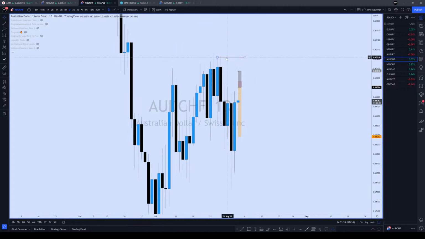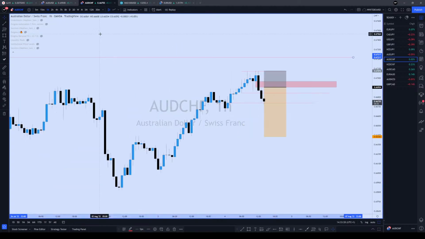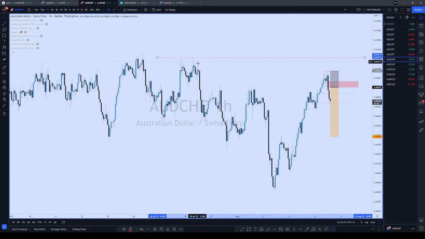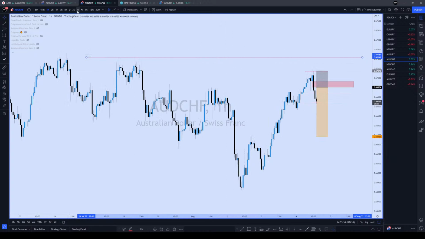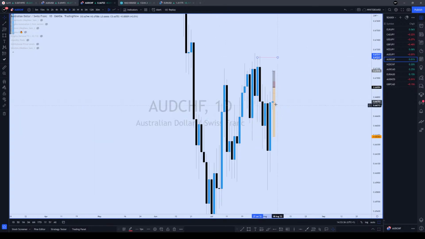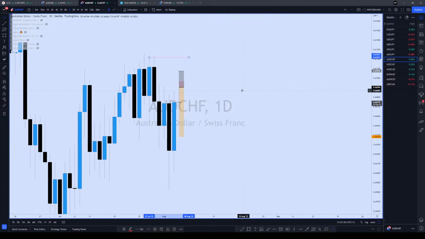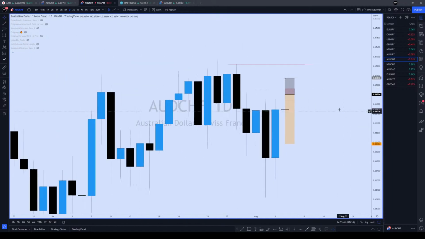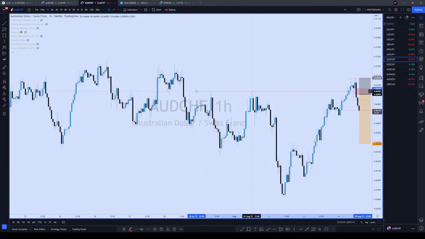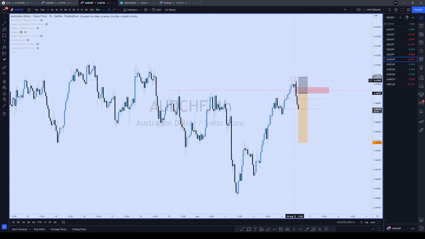That was a daily high. I'll call this displacement. If I want to call this displacement, there has to be a high time frame level. So maybe we say this high, that's a daily high here, and then break down.